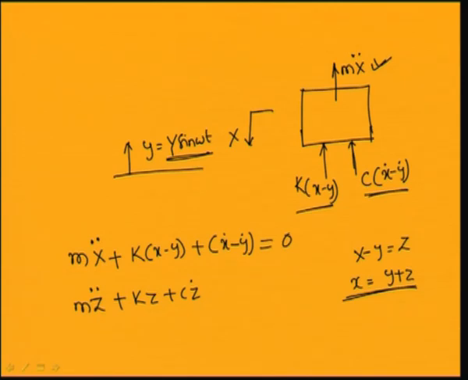So, m z double dot plus c z dot plus k z will be equal to m omega square y sin omega t. I can assume z equal to z sin(omega t minus phi).